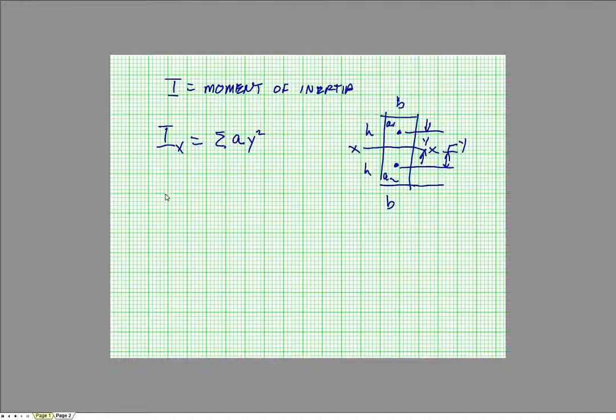If you were looking at the moment of inertia in the y direction, that would be the summation of areas times x squared. And that would be going this way.